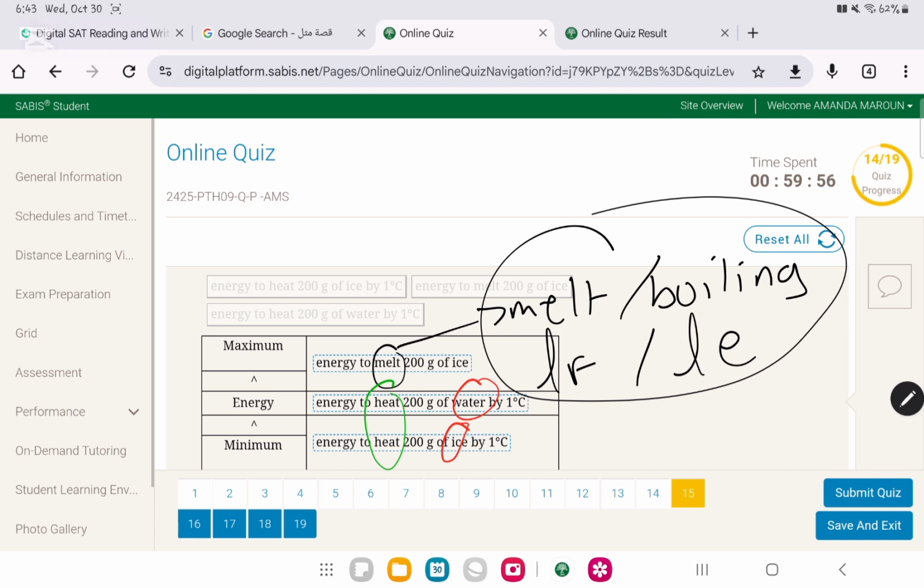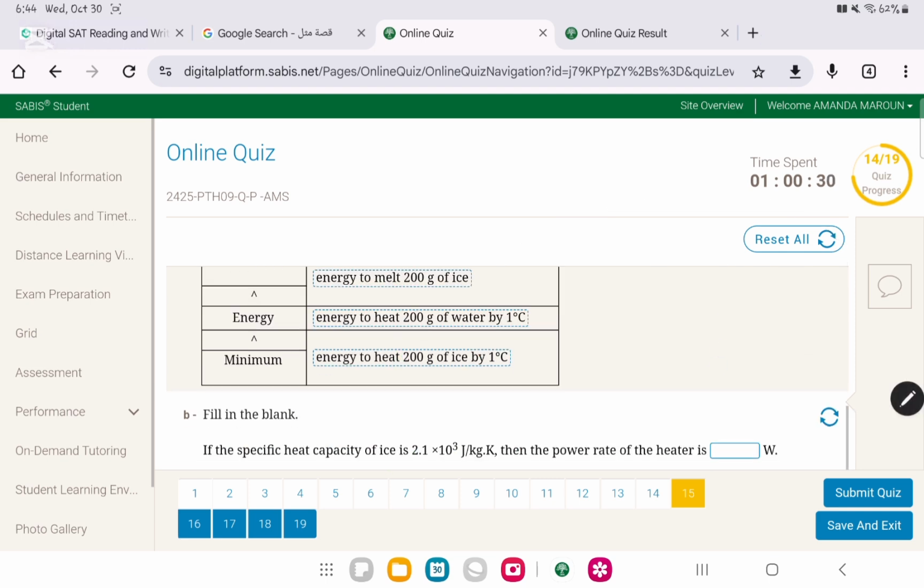That means ice, its particles are moving really, really slowly. So when we're heating ice, we say this has minimum energy. When we're heating water, we say this has in between energy. And whenever we're melting, boiling, or they're telling us about fusion or vaporization, then it has the maximal energy.